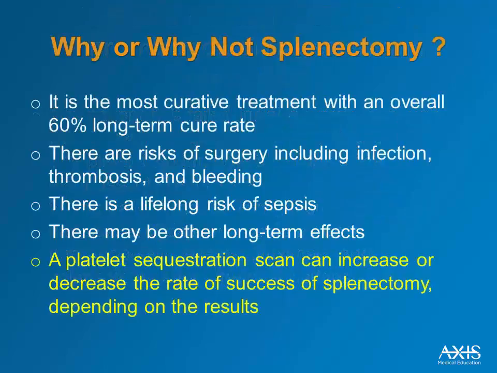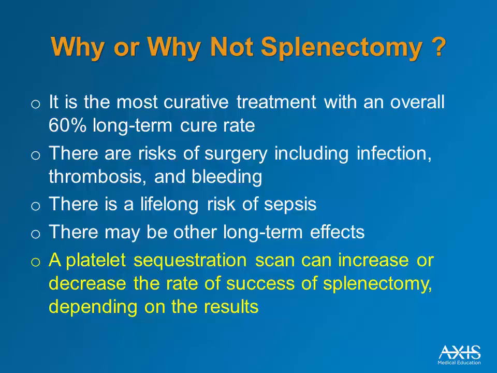So what about splenectomy? It's probably overall the best way to cure ITP with a 60-65% long-term cure rate. There are risks of the surgery itself, including infection, thrombosis, and bleeding.